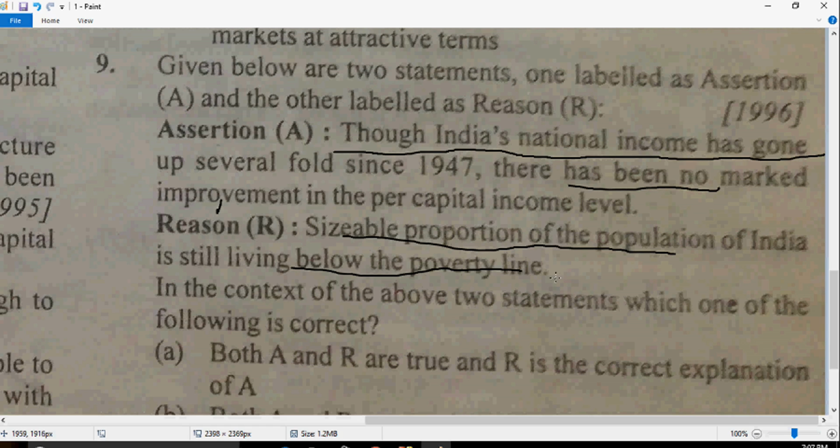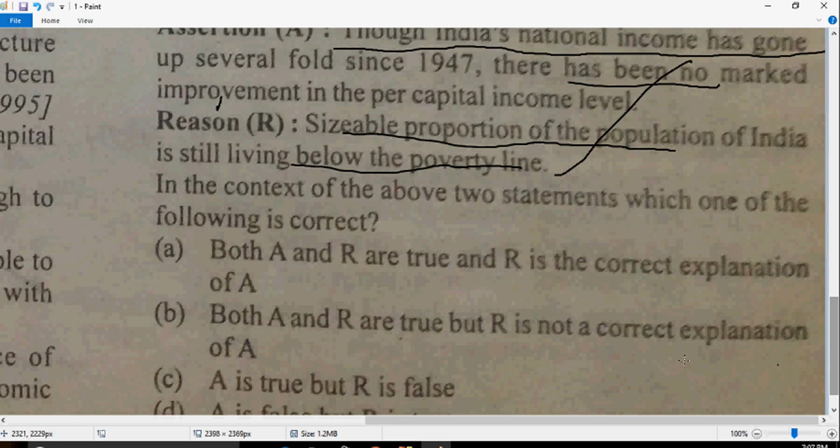No doubt both are correct, but the reason is not a correct explanation of the assertion, definitely, because both facts are independent of one another. So both statements are true, but R is not a correct explanation, so we will elect B.